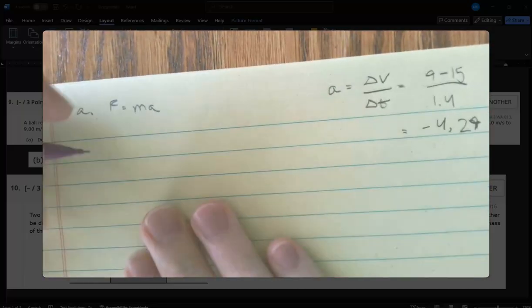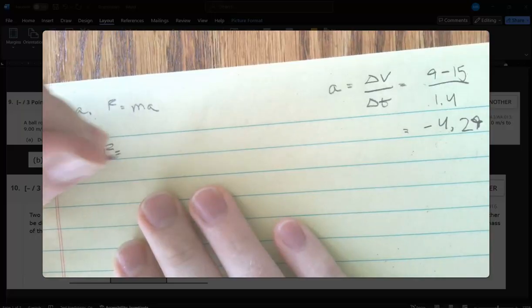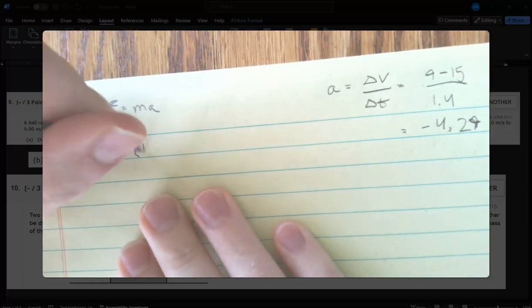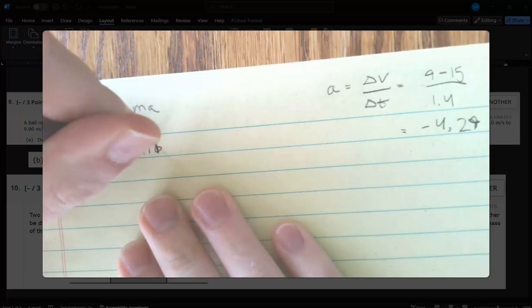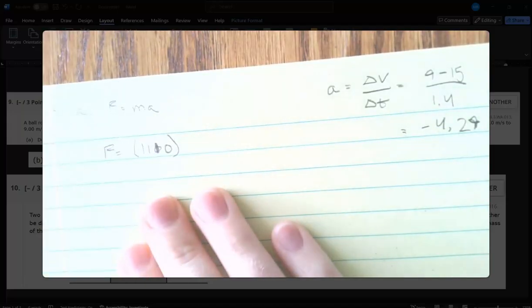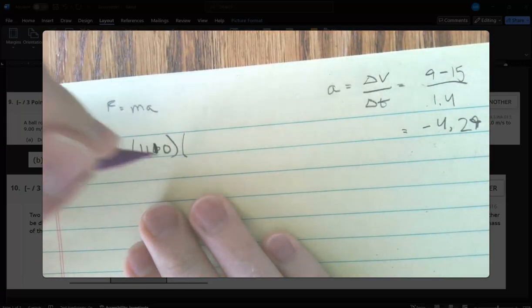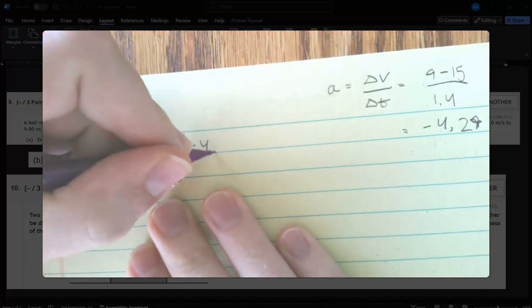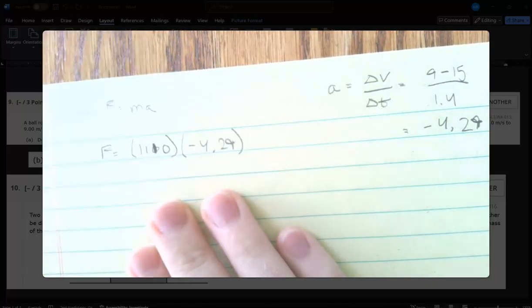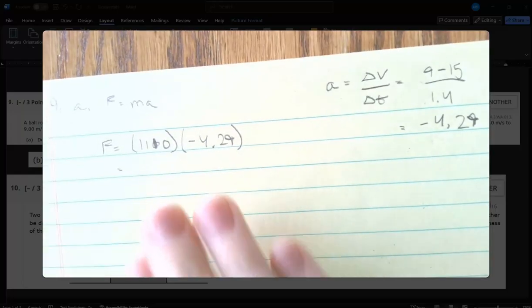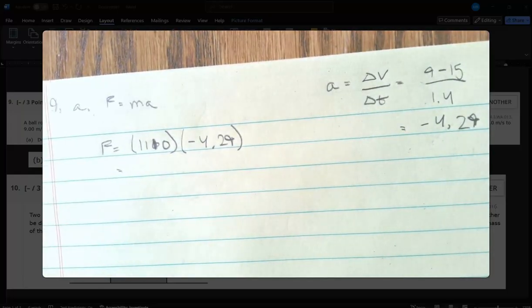All right. So then to find the force, you're just going to take the mass of the vehicle, which I think in my question was 1,110, times your acceleration, which was 4.29.